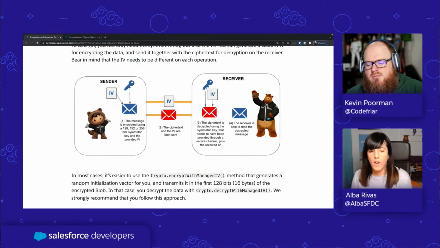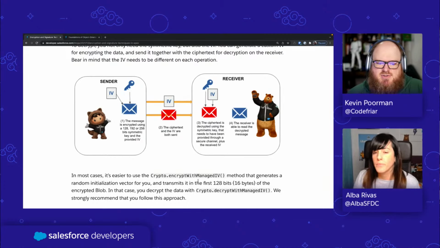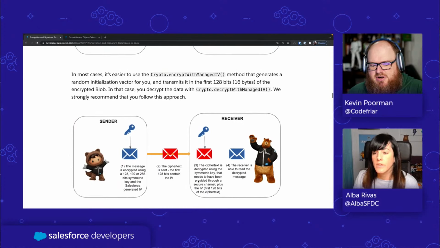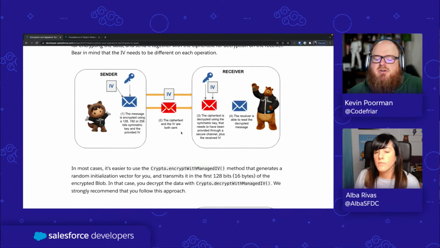We are going to see that there are three different options for hashing and creating signatures, but for encryption, we only have this one. Yeah, and I really like the way Alba put this diagram together. There's this one, and then there's this one down here, and they go over the same idea. What she's showing here is this initialization vector.